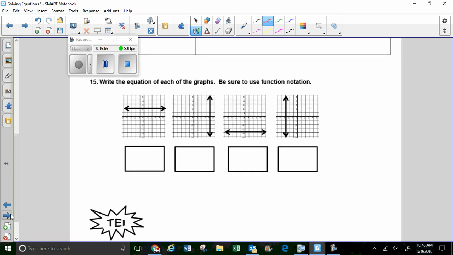All right, 15, write the equation of each of these graphs. Well, let's just label. 2 of them are HOI, horizontal, and 2 of them are bucks, vertical. So that means this is going to be y equals, this is going to be x equals, y equals, x equals. So then you just look at your graph. What does y equal?